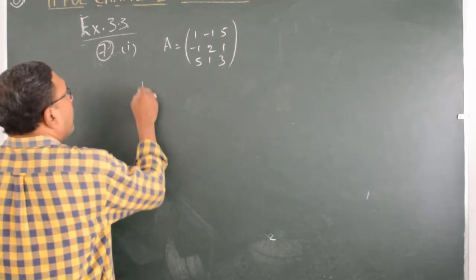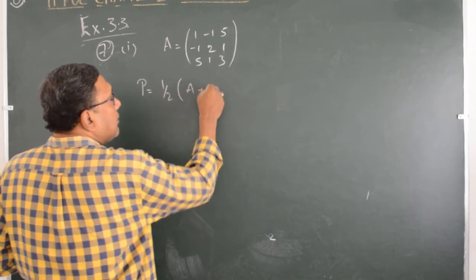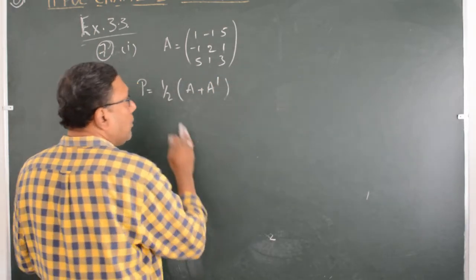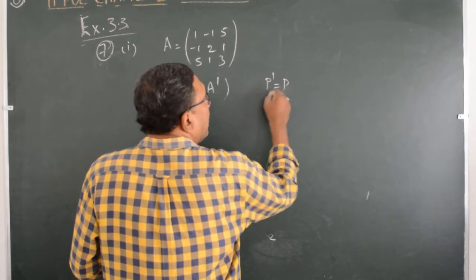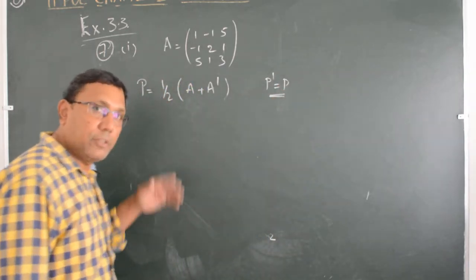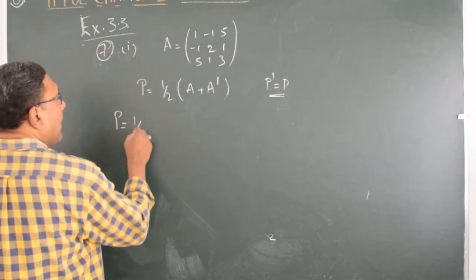We have very clearly discussed the formula we use to show this matrix as symmetric: it should be equal to P. To show this, we will do the simplification. I will keep the half outside.